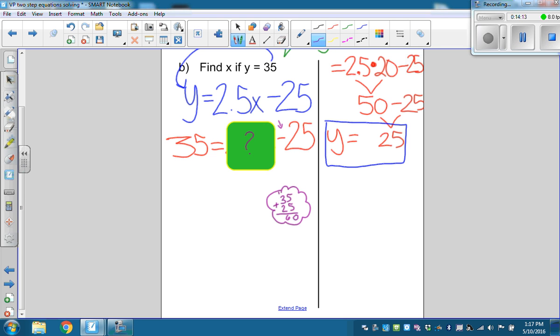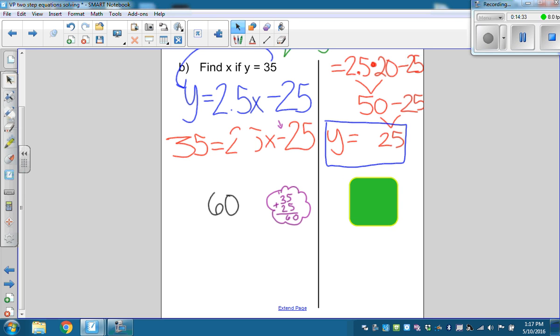So that would tell us that 60 take away 25 is equal to 35. So the number that I need here has to be 60. So I'm going to say that 60 has to be equal to 2.5x. This has to be 60.